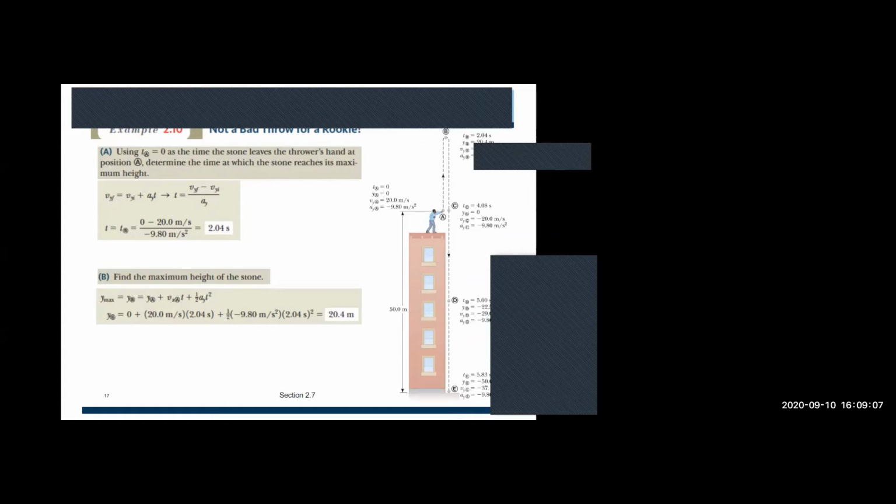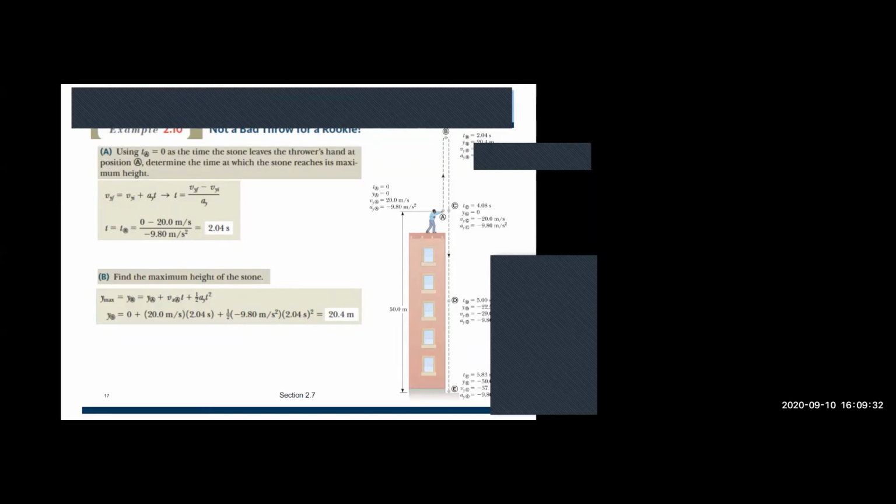And we try to determine the time that it takes when it reaches the maximum height. So we have to understand what is happening. At the beginning, the ball has to acquire a certain velocity in order to go upward.